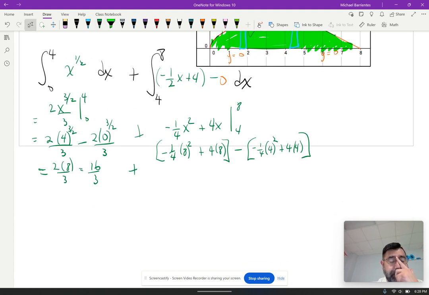Okie dokie. By the way, the first part I have is 16/3. Let me keep it flowing down. Let's see. 64 divided by 4, that's negative 16, plus 32. Here I have to be careful. I have a negative and a minus, so that's going to become plus. This is 16 divided by 4, or 1/4 of 16, which is 4, and then minus 4 times 4, which is minus 16.